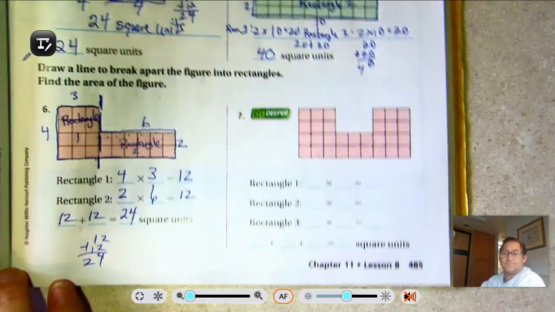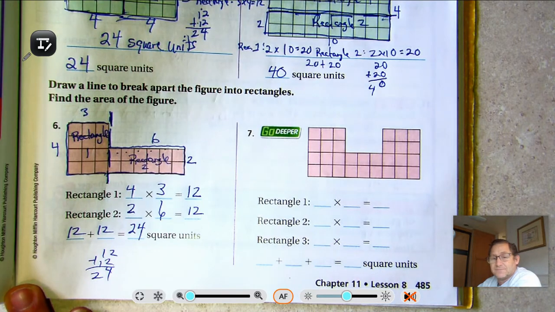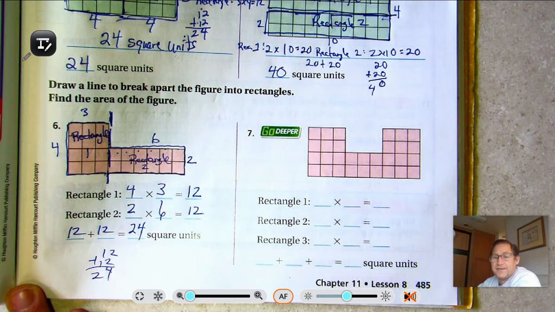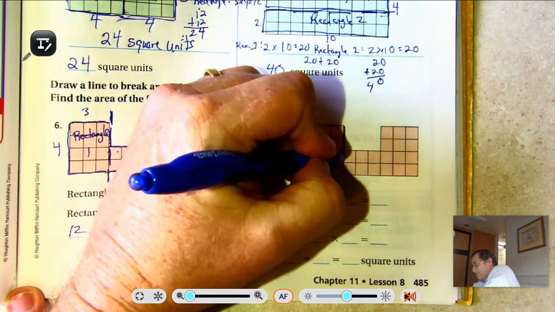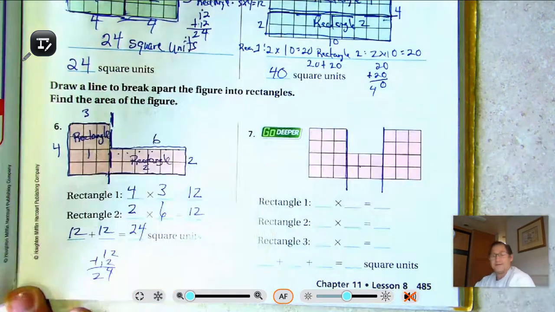Number 7. So this one's kind of an interesting one. Look, we have 3 rectangles. Do you see the 3 rectangles? Yeah, right down the middle, right? There's 1, 2, 3.